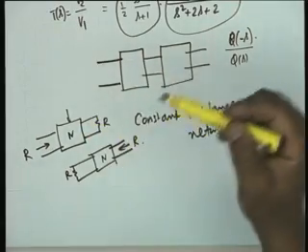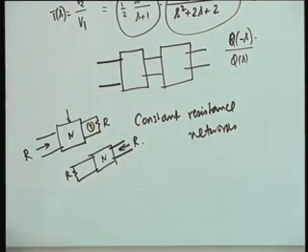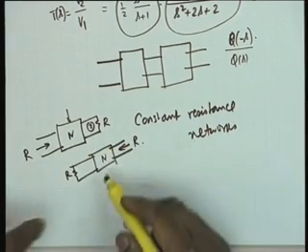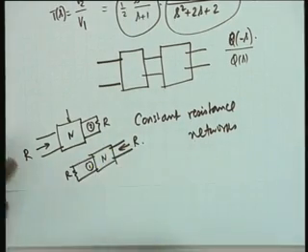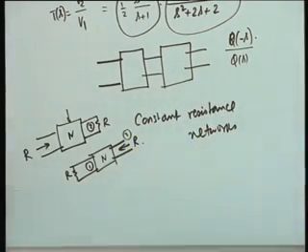If when terminated at port number 2, port 1 presents a resistance R, and if port 1 is terminated in resistance R, it gives resistance R at port 2, can you decide something about the character of the network?